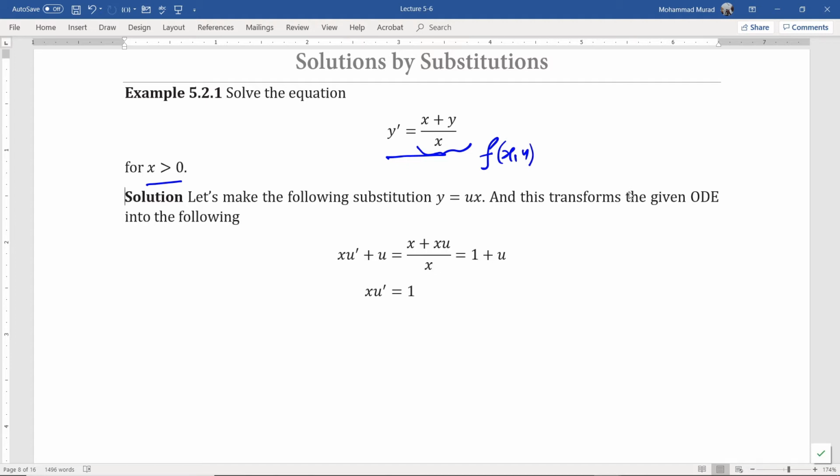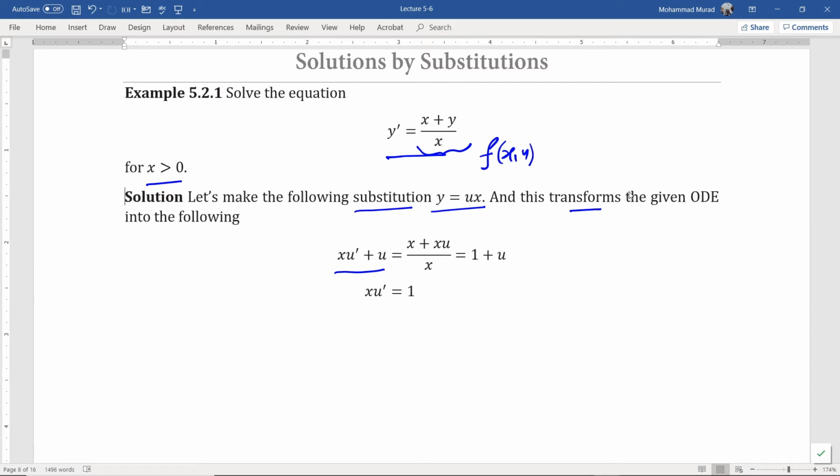so we can use the following substitution: y equals u times x in the equation, and this transforms the given ODE into the following. The left-hand side would be replaced by the derivative of u times x by the product rule, which is x times u prime plus u.